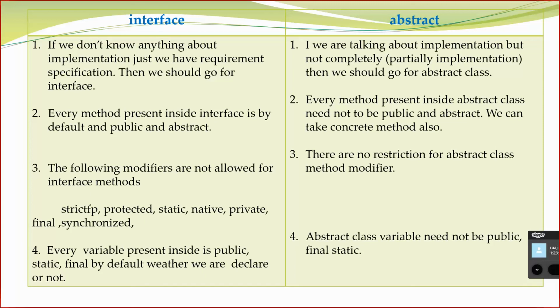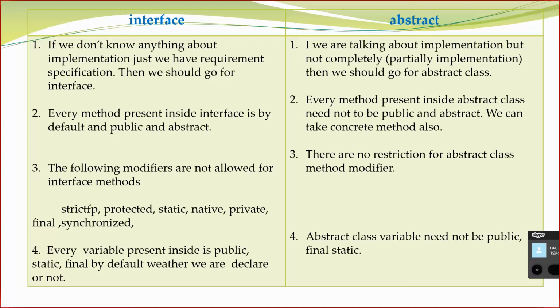But with an abstract class, what happens? Suppose I have vehicles with methods for bike and car also. Then I have another class, i10. It will implement only those methods related to the car. The methods related to the bike can be defined inside the abstract class itself.